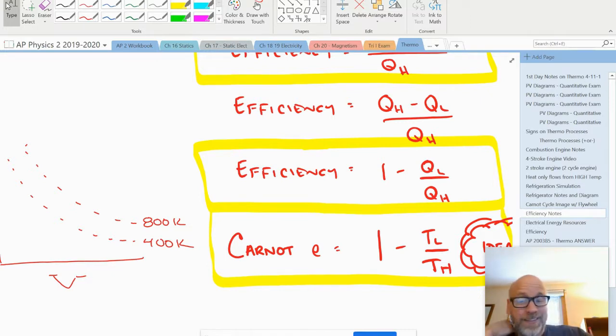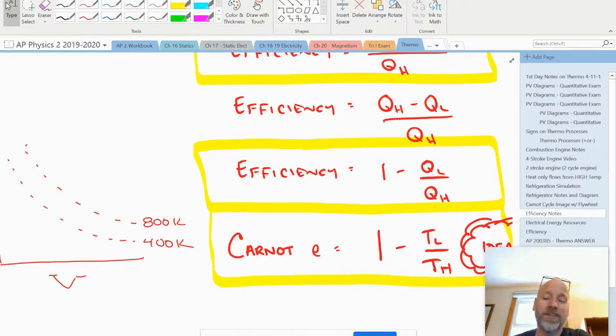What the heck does that mean? It means that the greater the difference in temperature, the more efficient the engine can be. So the greater the difference from that low temperature to the high temperature, the more efficient this Carnot engine could be.